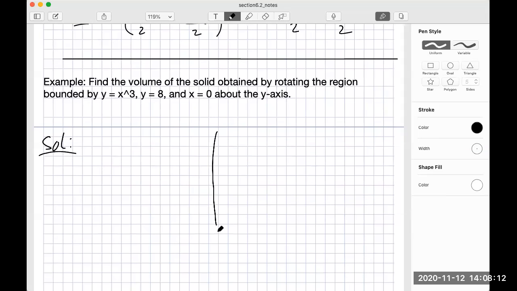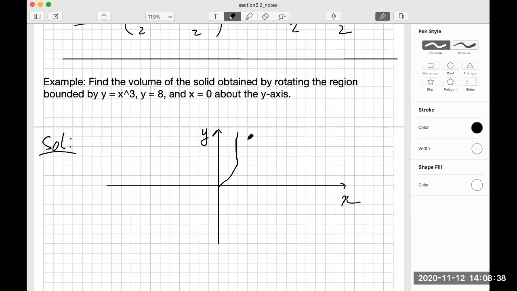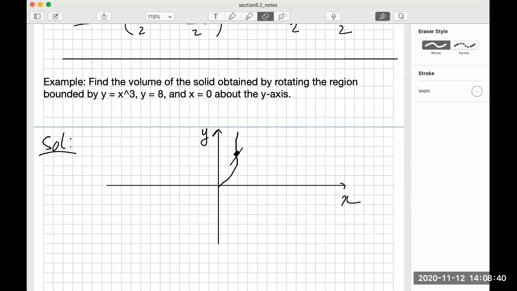y equals x cubed. We can sketch the graph here by taking the derivative, the x-intercept, y-intercept, the increasing and decreasing areas, whatever. And you see that it will be like this. At 1, it will be 1.